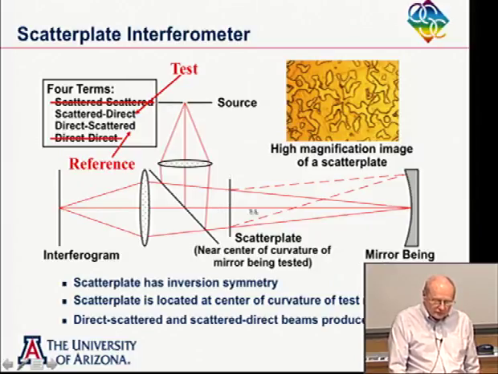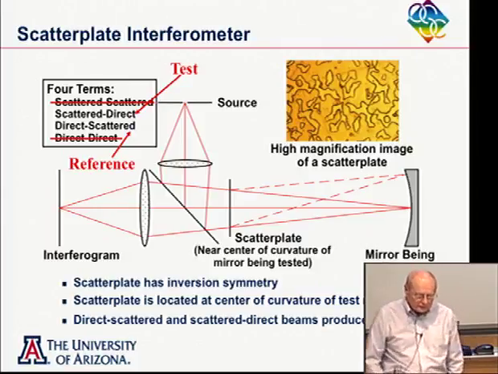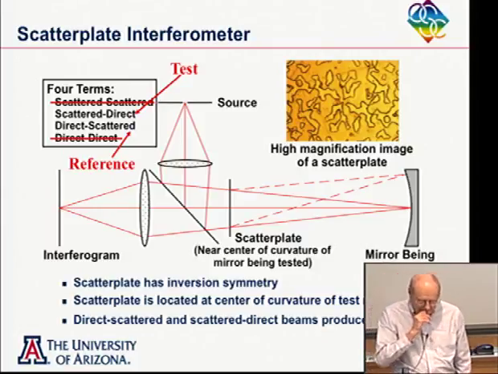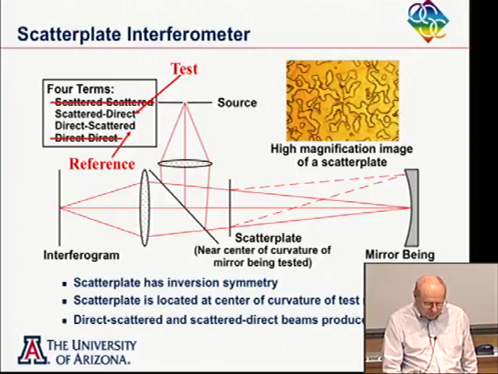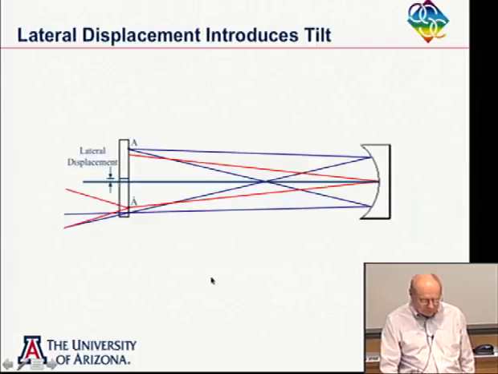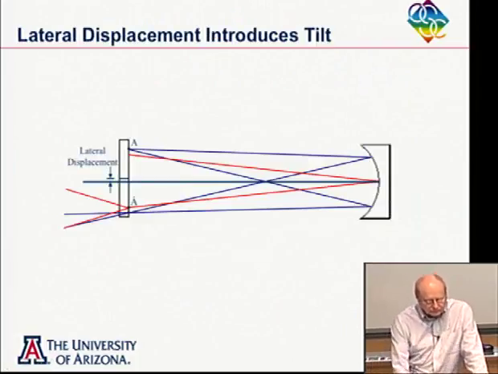And if I move this longitudinally, I will introduce defocus into the interference pattern. So let's see if we can kind of see how that works. As I said, Larry Rubin, who had done his PhD dissertation on this, went through all the math describing all of this. But let's just see if we can see from a drawing how this works.